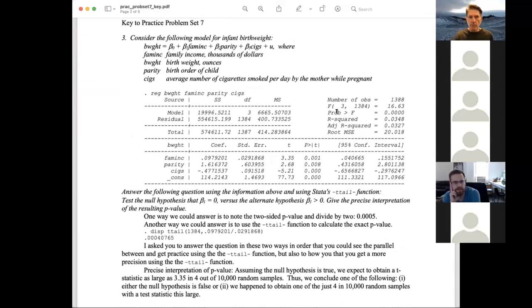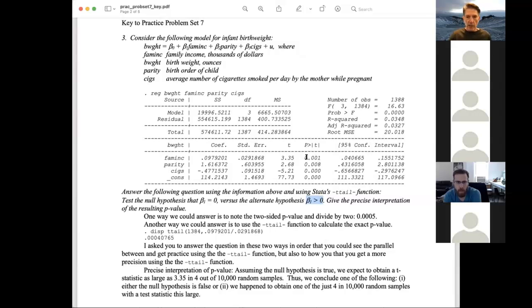Question 3 was a straightforward problem involving one-sided significance levels and a one-sided hypothesis test. We clearly had a theory where the alternative hypothesis implied a value greater than 0, so we applied the one-sided significance level.